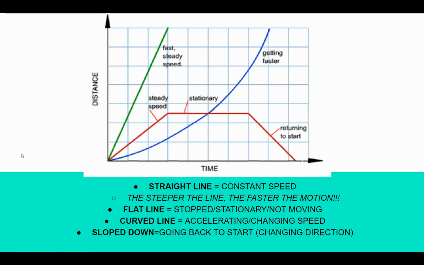What if it's a curved line like this? Deceleration. What if it's going back down? It's returning to start, right? This doesn't show going slower. This only shows getting faster.